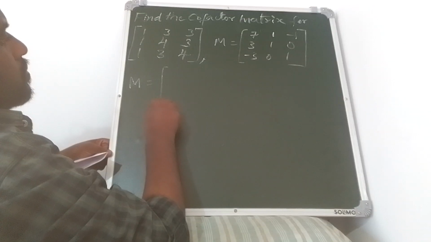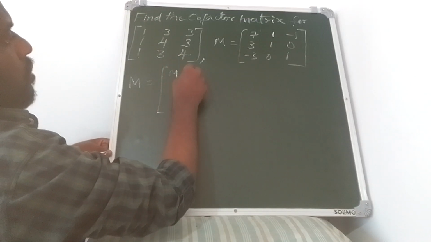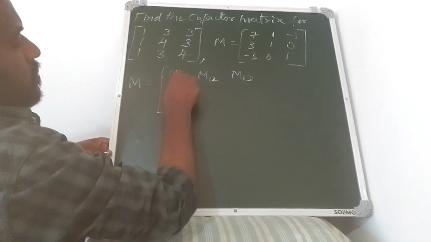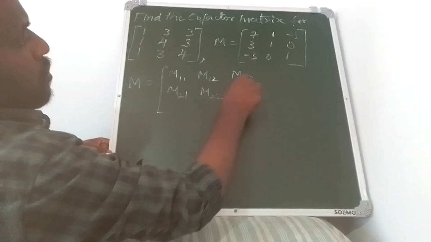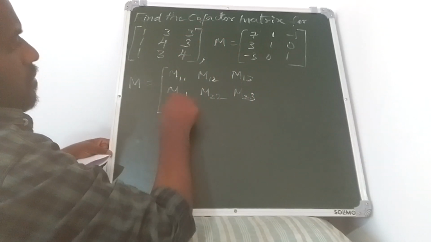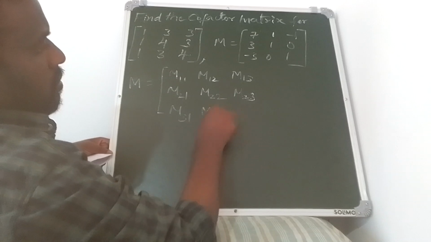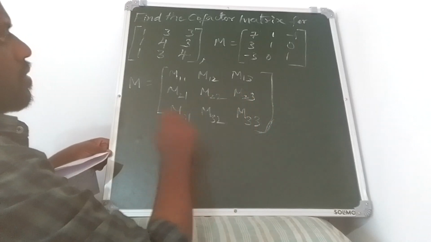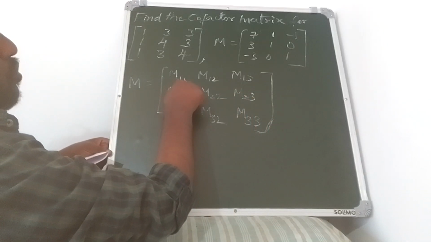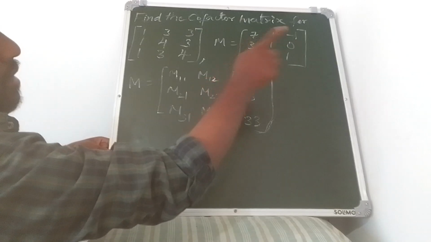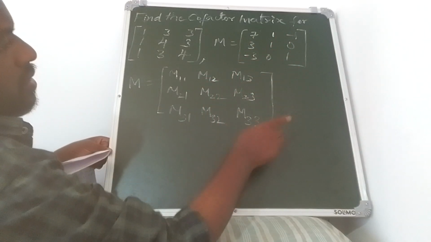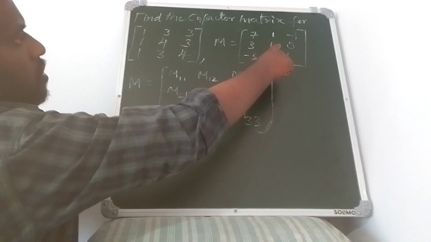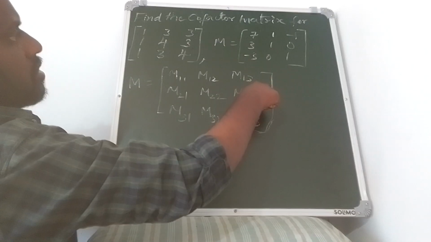M is equal to M11, M12, M13, M21, M22, M23, M31, M32, M33. 1 means first row, first column, first row, second column, like that. Second row, second column, third row, second column. That is the meaning. Okay. So the general form of this is this.